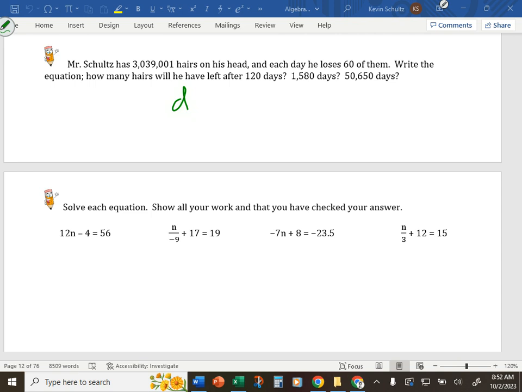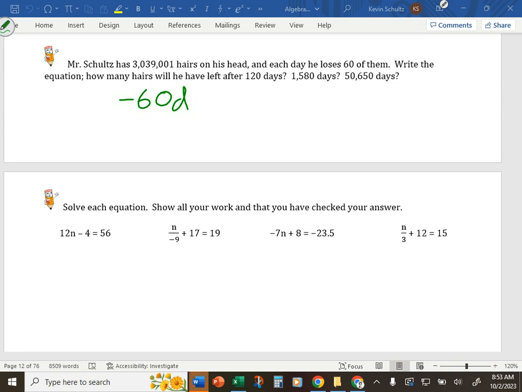I think it's 60 because after 2 days we would lose 120. Okay, but if that word lose means subtraction, how is that going to affect the 60? Evelyn? Negative 60, right? Because I'm losing that number of hairs each day. That 60's got to be negative, because the amount is going to be decreasing.